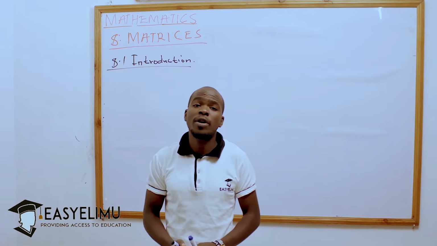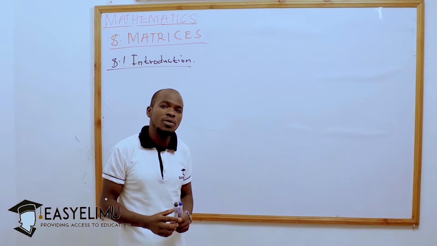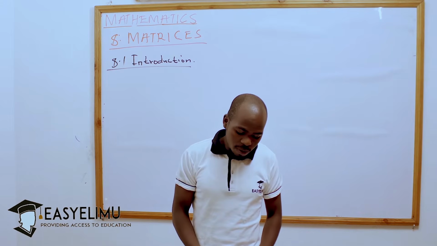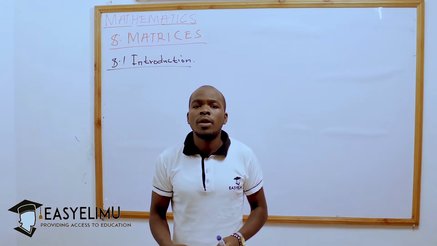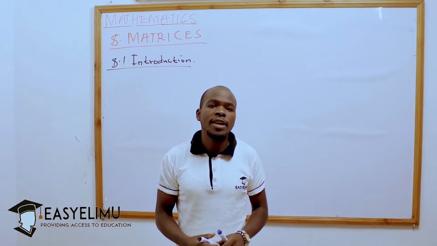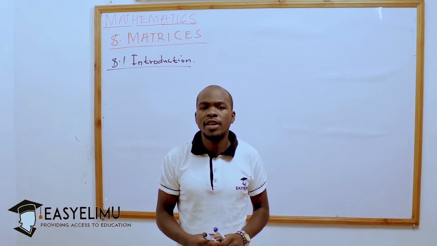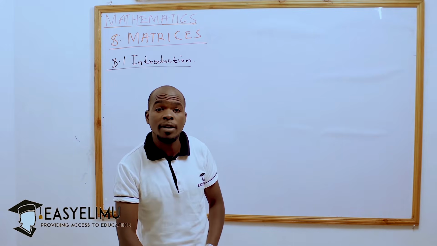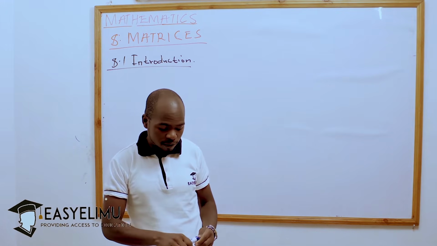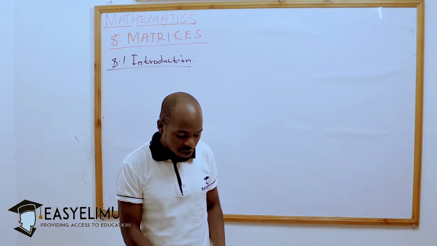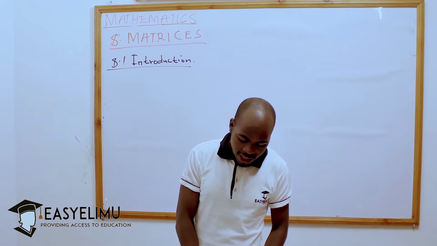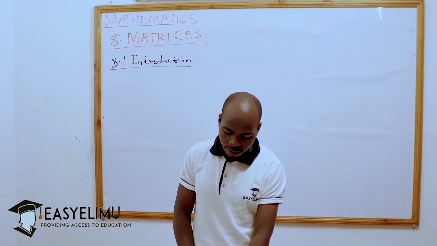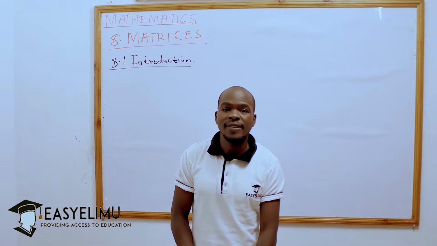But let's consider some of the information which is represented in tabular form. For example, we may have the Barclays Premier League table and see how it is represented in table form and also how we can represent it in matrix form. For example, you may be issued with a Barclays Premier League soccer table in the second week of February in a certain season.